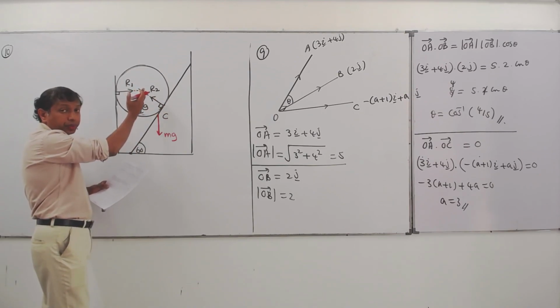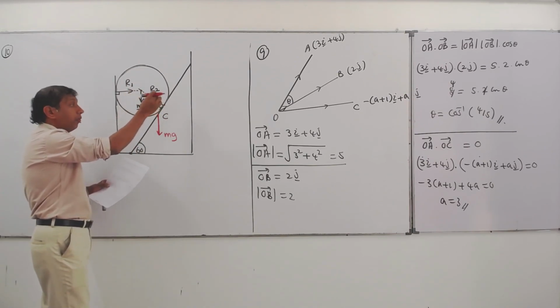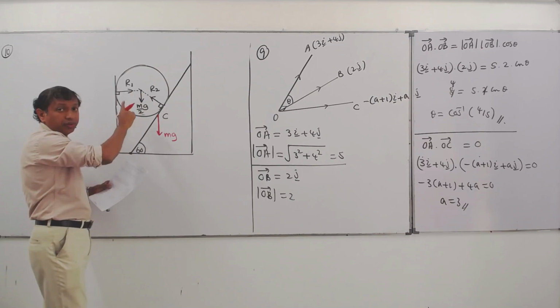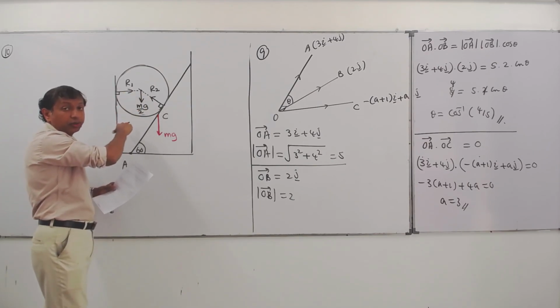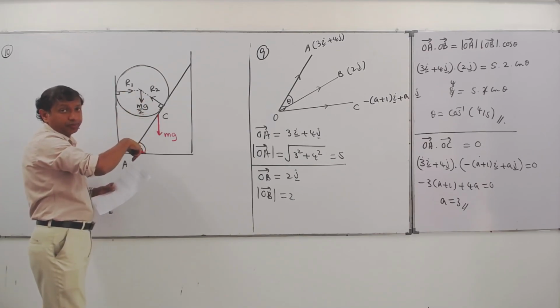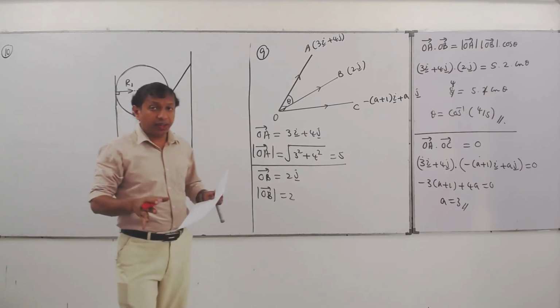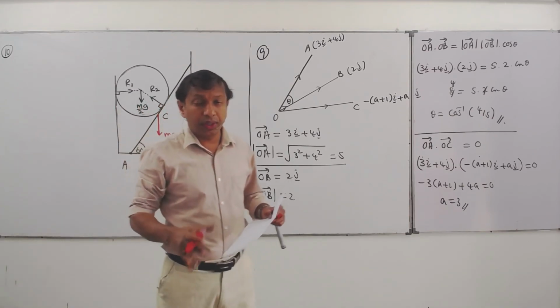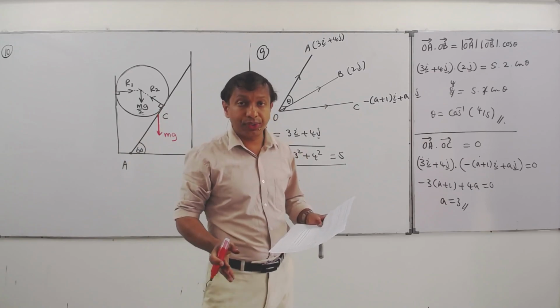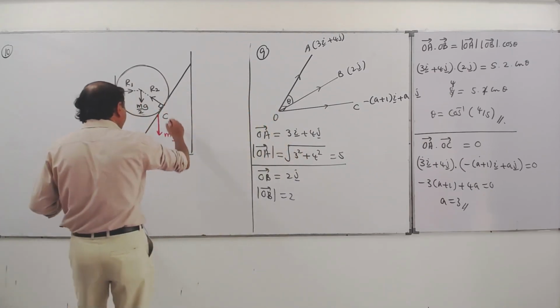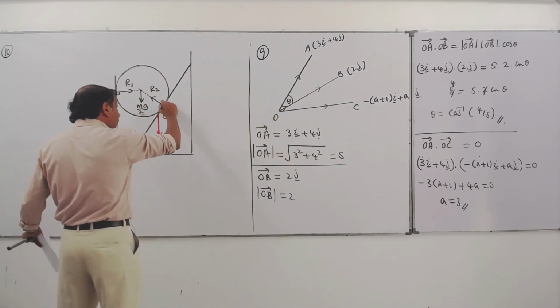Meantime, onto the rod the lamina gives the same R2 in the opposite direction, because you know, action and reaction take place simultaneously, equal and opposite. So the red forces act on the rod.